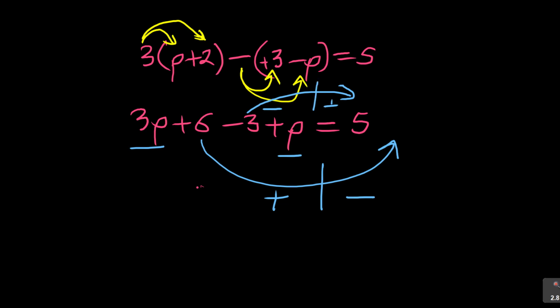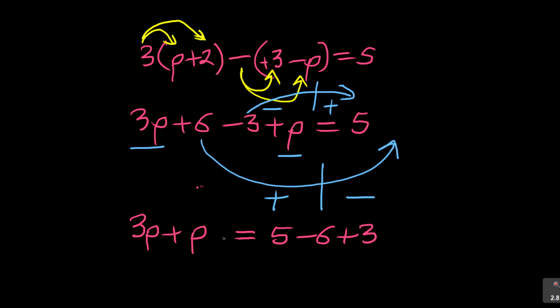Negative jumps positive. You see, it's better sometimes to do these things with the pencil, it will help. But let's take 3p plus p on one side, and then you've got 5, maintain it as is. Don't change its sign because it's already on the other side. We said 6 becomes minus 6, negative 3 becomes positive 3.